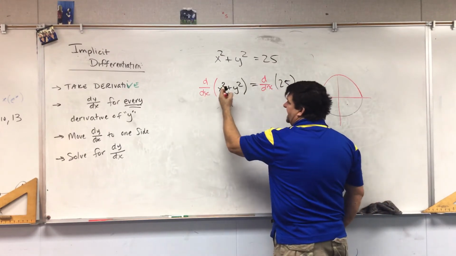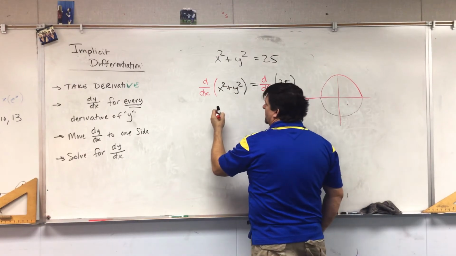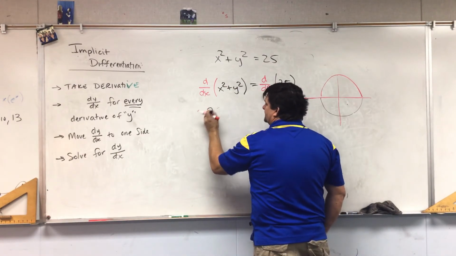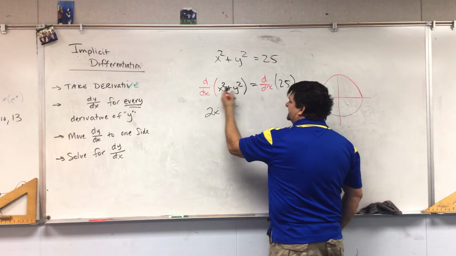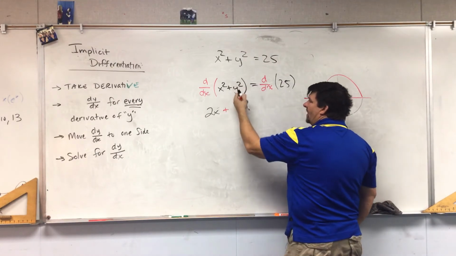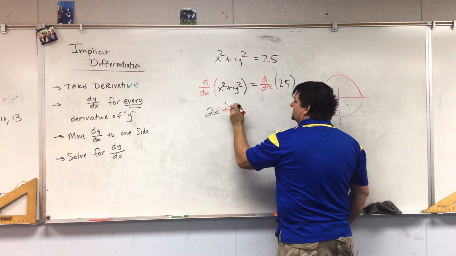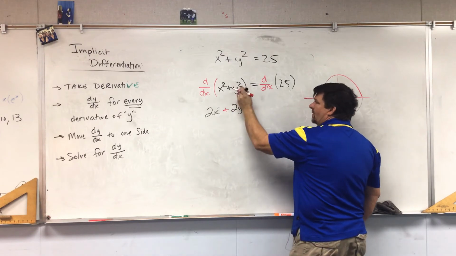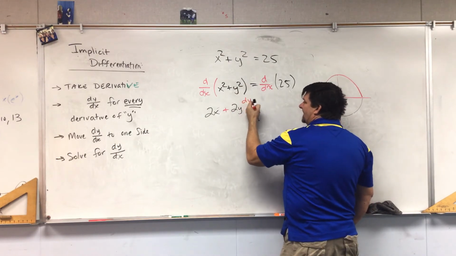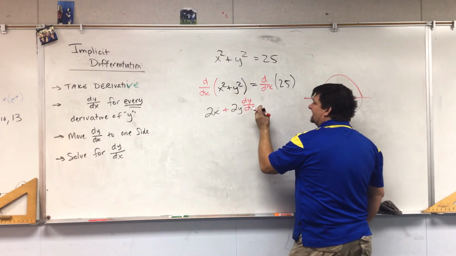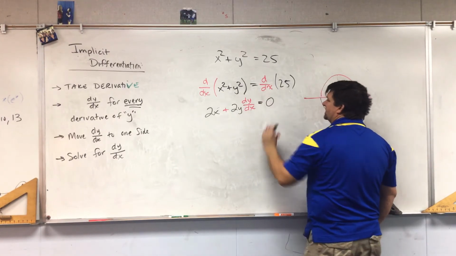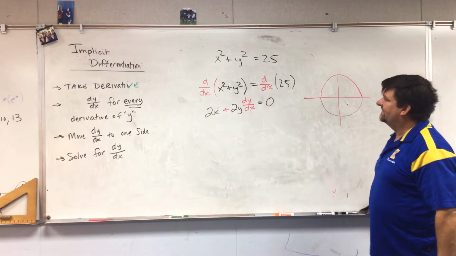So now I'm going to take the derivative of x squared, which is going to be 2x. I'm going to take the derivative of y squared, which is going to be 2y, I applied the power rule, dy/dx, equals 0. The derivative of 25 is 0.